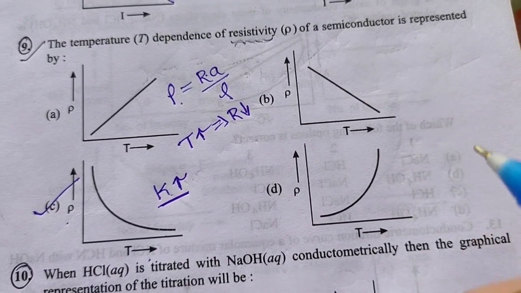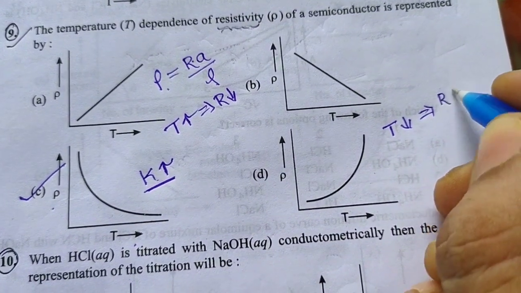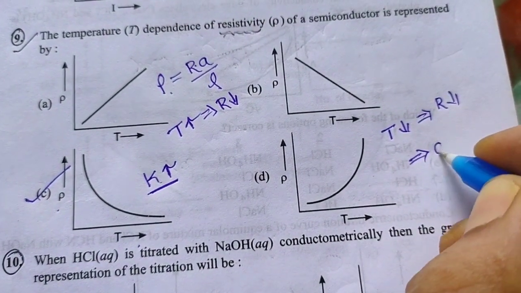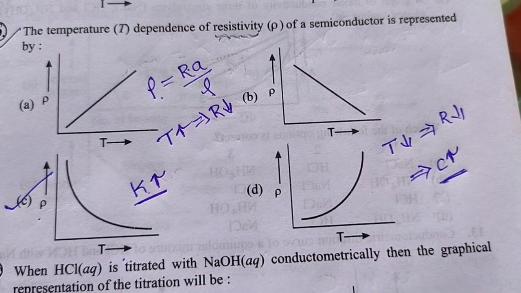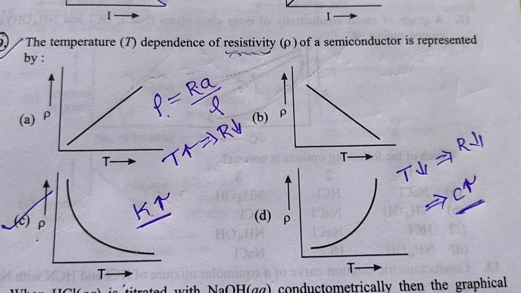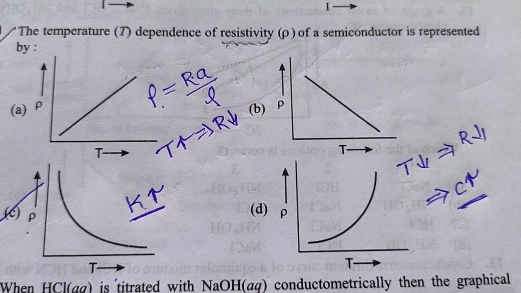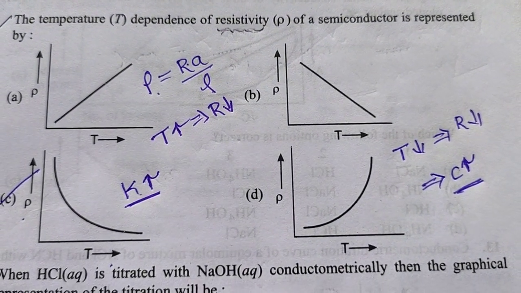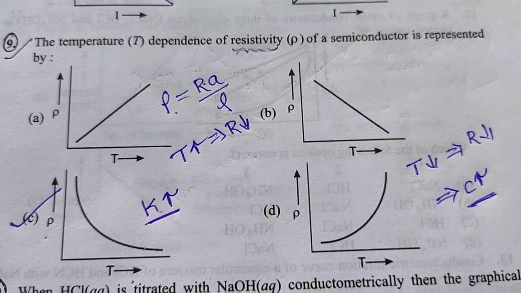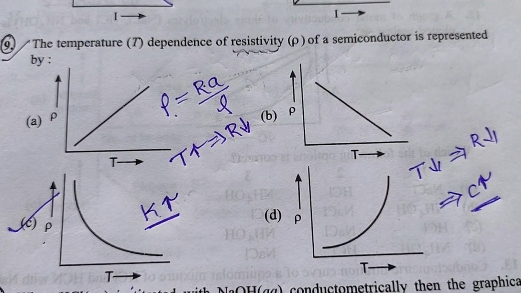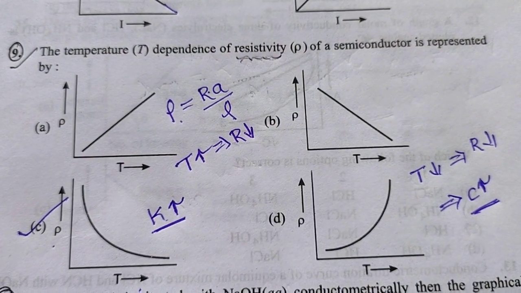For metals, as temperature decreases, resistance decreases, so conductance or conductivity increases. Resistance is very low for metallic conductors. At that time conductance is more, and that is called superconductance. For metals, temperature increases, resistance increases; temperature decreases, resistance decreases, so conductance increases.